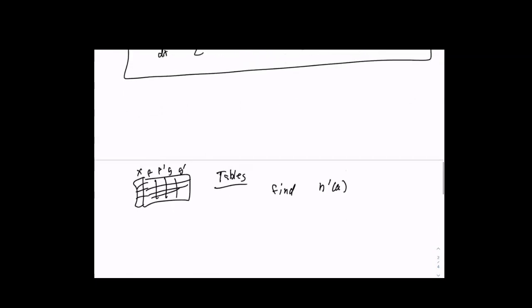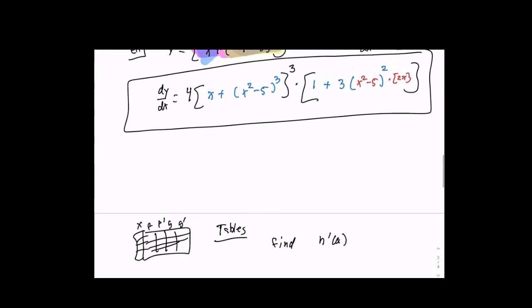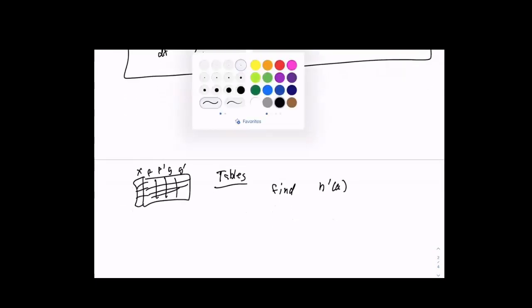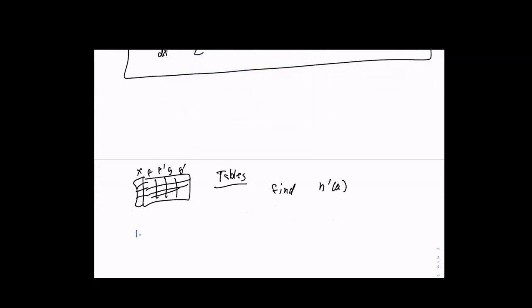And you're going to be given some function. For example, h of x equals f of g of 2 minus x. Find h prime of 4.